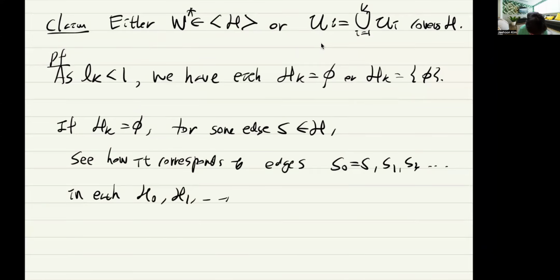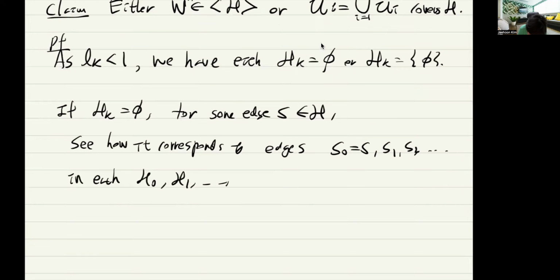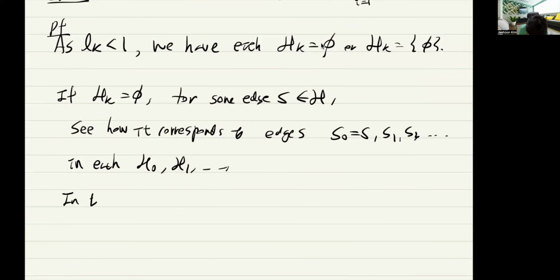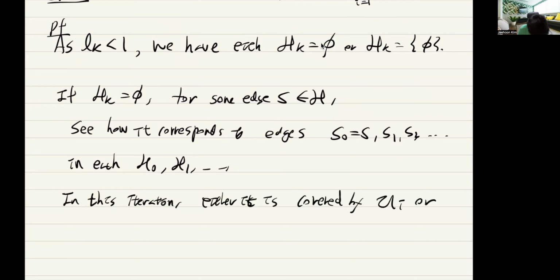In this iteration, you know that either it is covered by U_i in this iteration, or it survives to the next one.